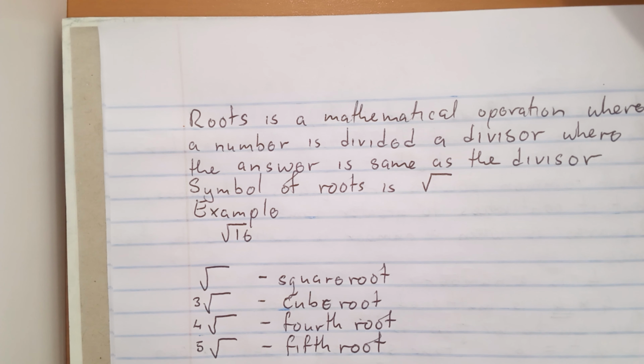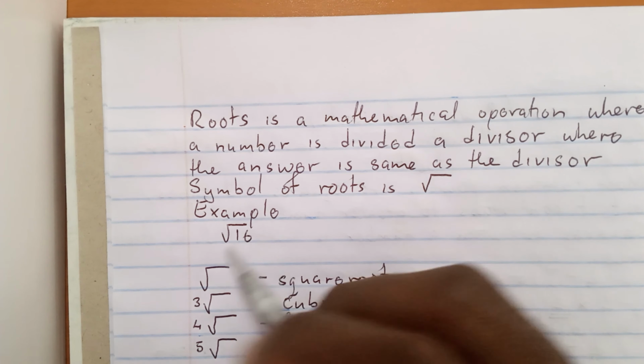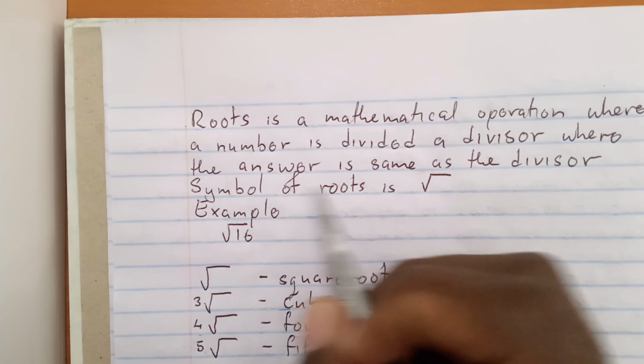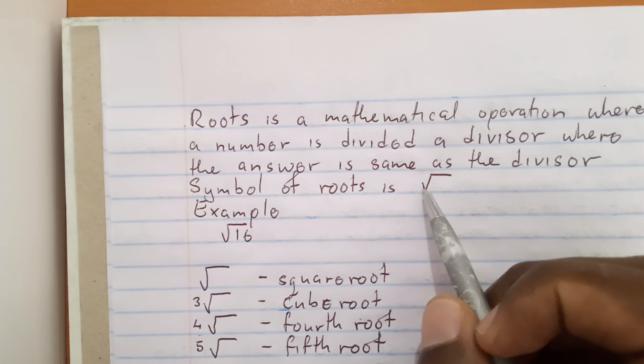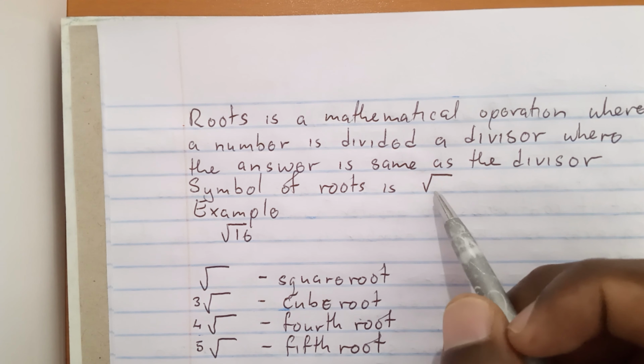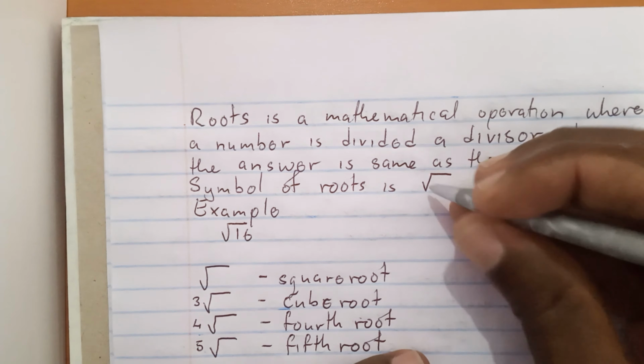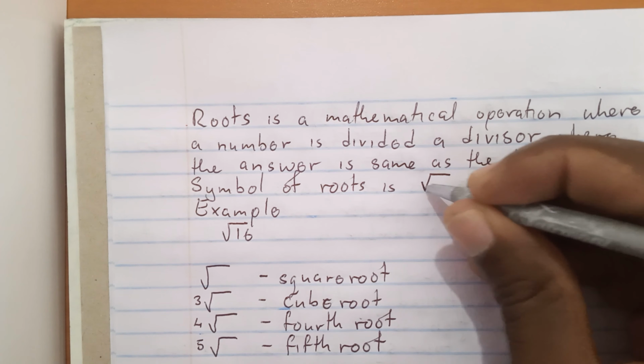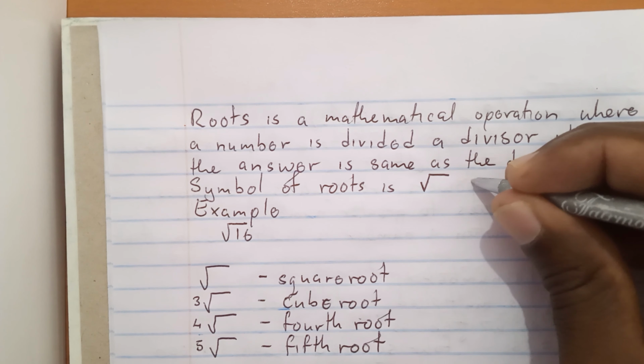So here we have an example whereby we have 16. Now remember, the symbol of root is this one. If you look at it, actually it looks like the long division sign, but remember it has this first part here. So we write it like that.